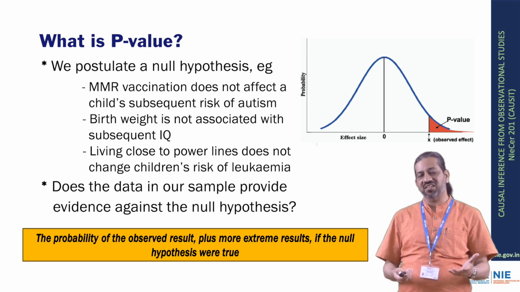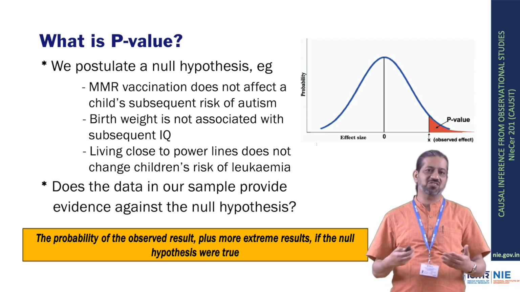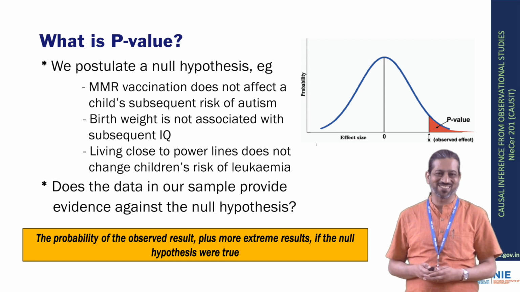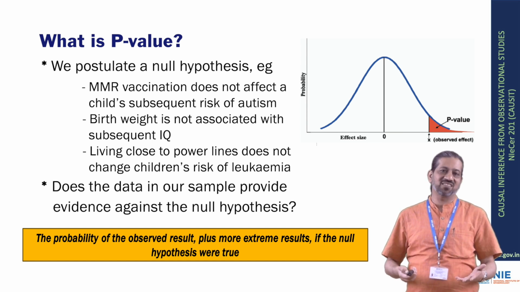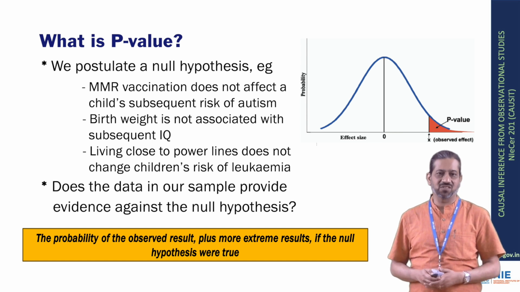We do have a definition here, but I'm not sure how helpful it is in actually knowing what a p-value is, how to interpret it, and how to avoid misinterpretations of the same.